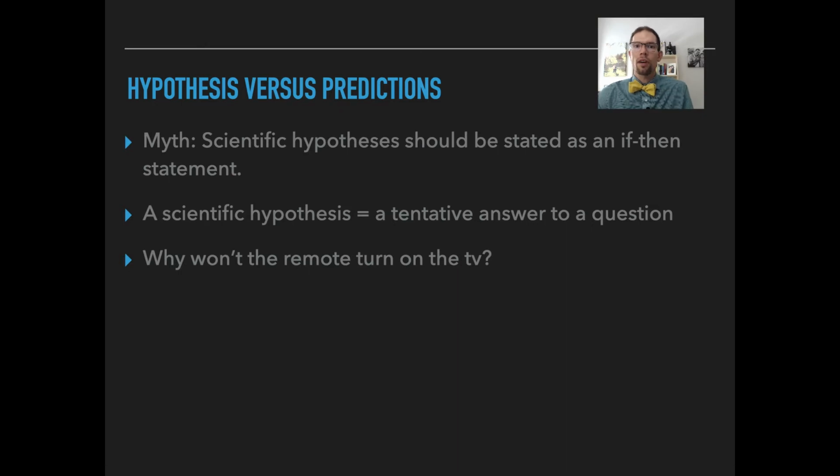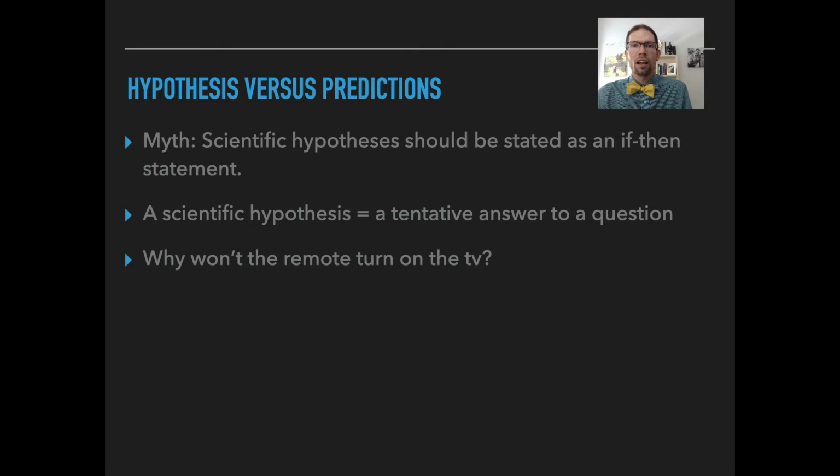So let's go through a hypothetical scenario where you are trying to turn on the TV with the remote, but the TV won't turn on. The obvious question here is, why won't the remote turn on the TV? And you can come up with many different hypotheses about why this won't work. The batteries might be dead in the remote, the TV might be unplugged, you may not have power to the TV, you might be using the wrong remote.